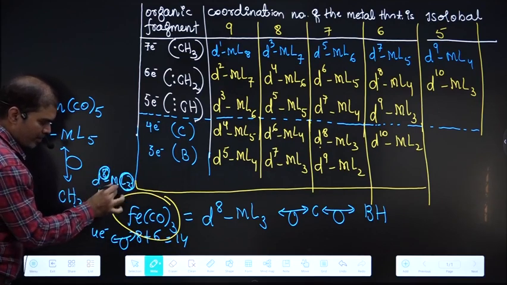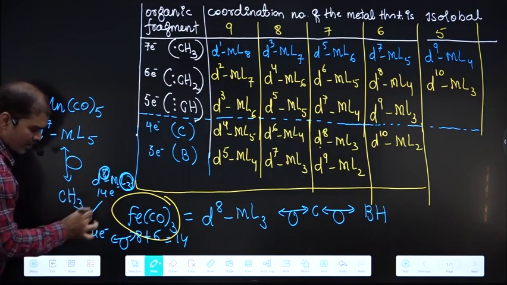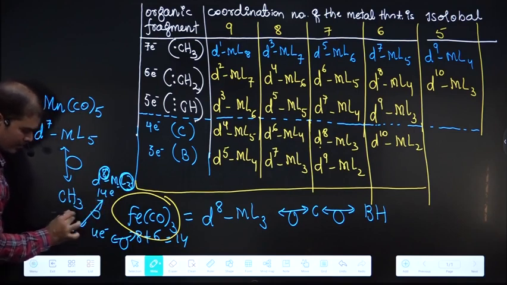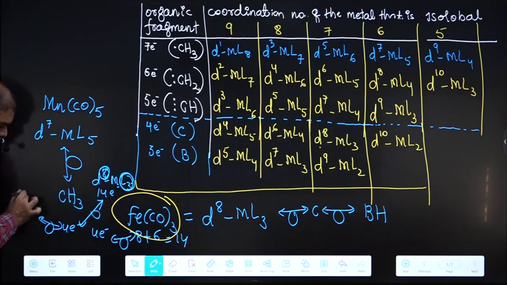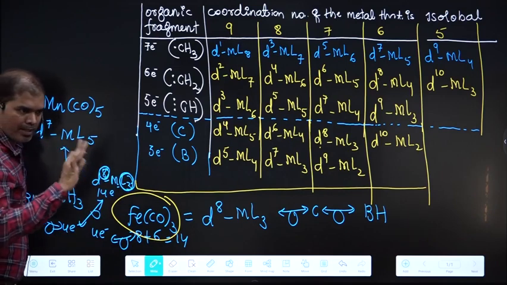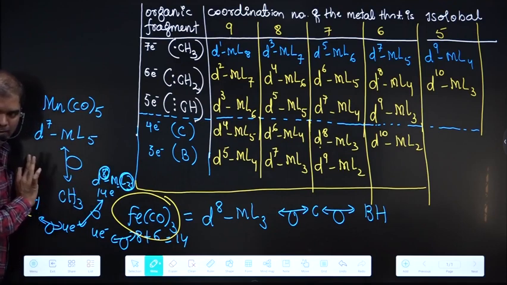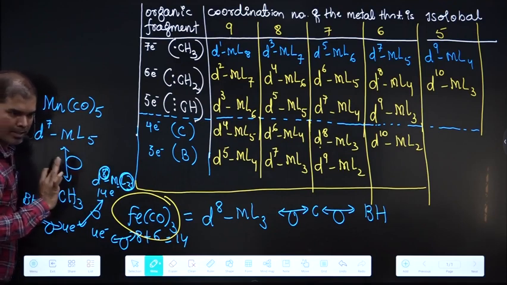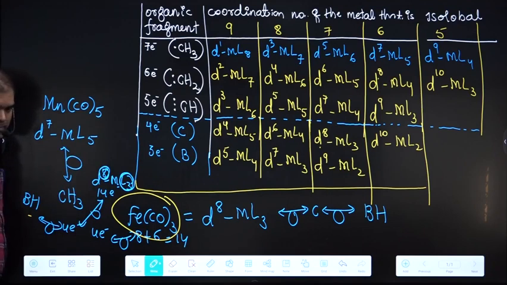It is a 14 electron system. A 14 electron system must be isolobal with a 4 electron system boron unit. So simply Fe(CO)3 they have given you. You have to convert it into BH. Okay. Simply convert it into BH. Suppose they give you Mn(CO)5. You can correspondingly convert into.